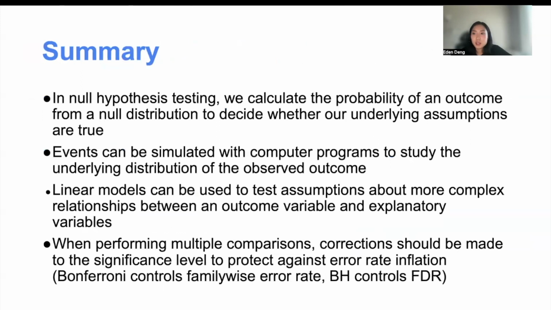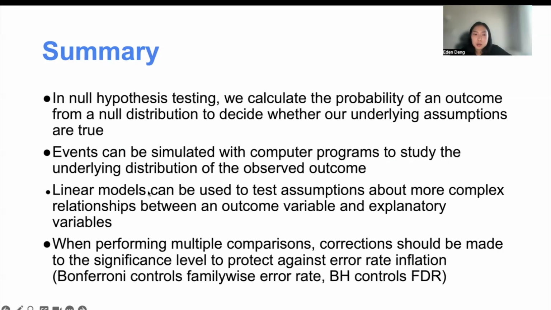All right, to summarize some key points from today, we started out with the null hypothesis testing framework, where we use a null distribution to calculate the probability of an observed outcome. This is how we get a p-value that we then use to decide whether we have evidence supporting the null assumptions. Then we talked about how in cases of unknown or non-closed form distributions, we can use simulation testing to estimate the null distribution. Or if we don't have much knowledge about the data generation mechanism, we can do permutation testing from our observed data.